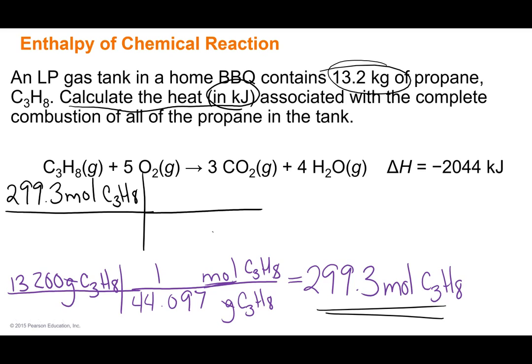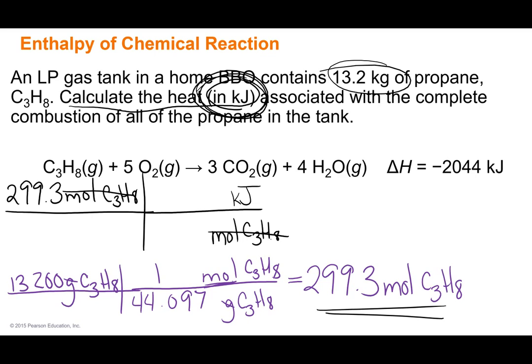So moles is going to go down here on the bottom because that's what we're trying to get rid of. That's what we're canceling out. So moles on the top, moles on the bottom, that cancels. What unit is going to go on the top? What's our destination? The unit that it's asking for in this case is kilojoules. Okay. So now our units are set up. Now we need to figure out what numbers go where.